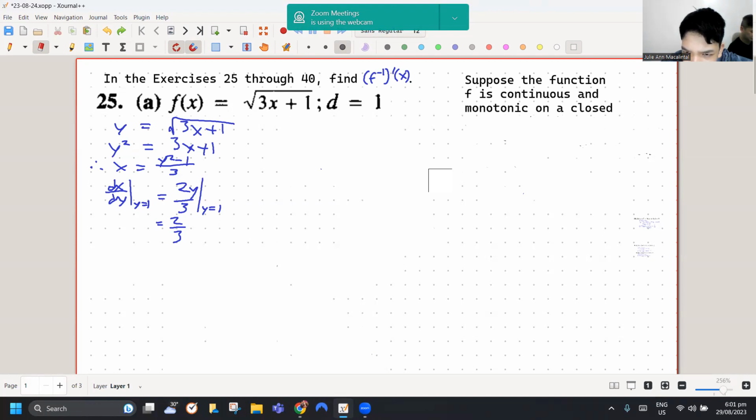Suppose the function f is continuous and monotonic on a closed interval [a, b] containing c, and let f of c equal d.